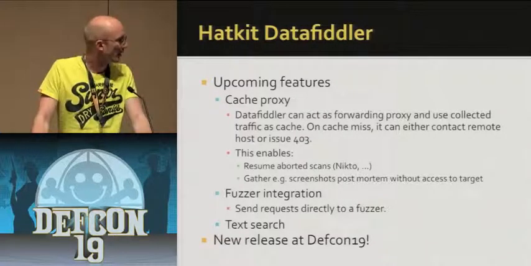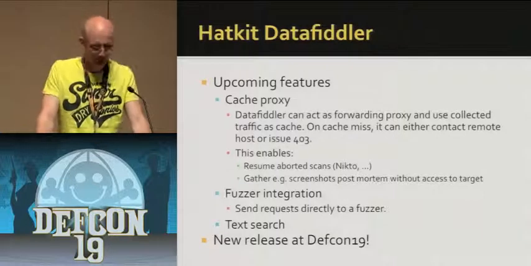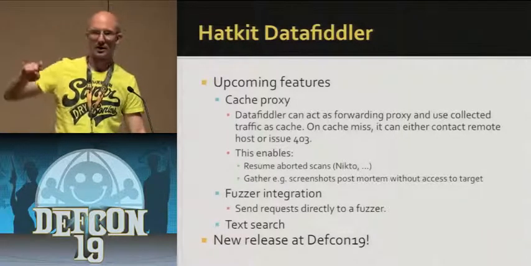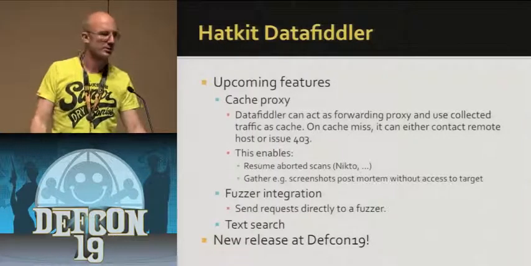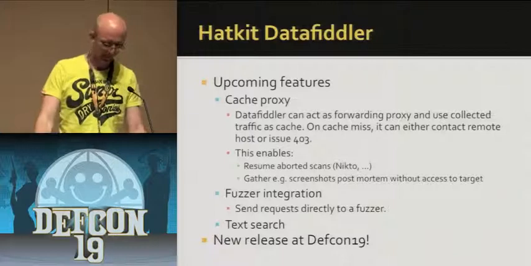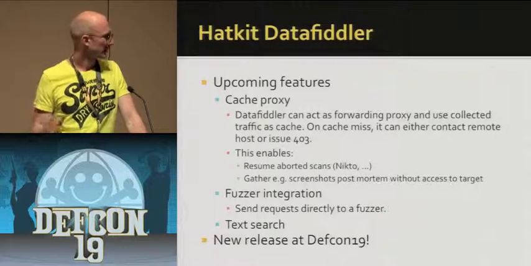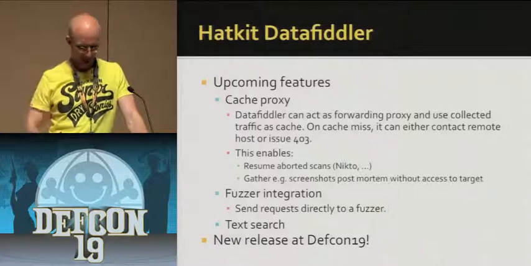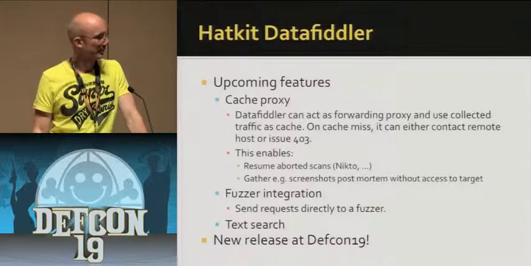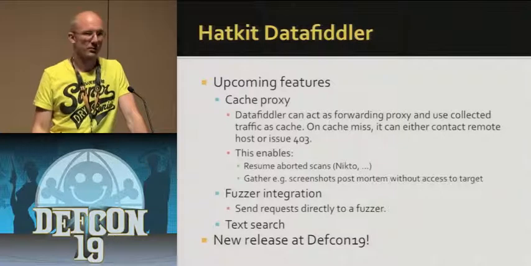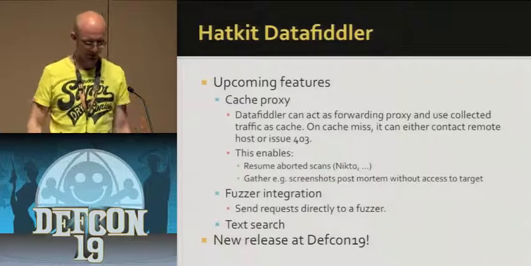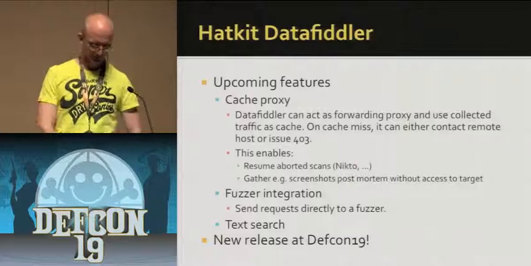Faster integration. We hope to integrate directly with JBroFuzz, so that if you have a request and you want to do a manual request, you can just send it to JBroFuzz and it pops up. Currently, we've only implemented so you can send it to the browser, and you can also right-click and copy the fully qualified request, which you can paste into the manual request of the proxy of your choice.